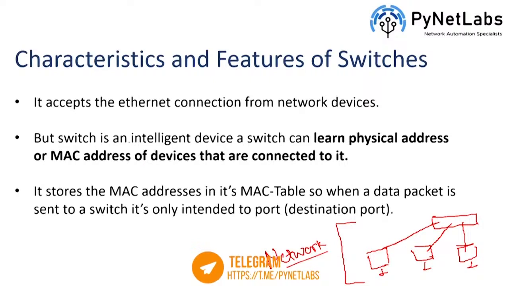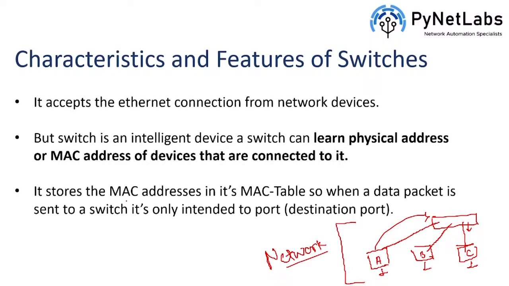Then it says a switch is an intelligent device, as it can learn the physical address or the MAC address of devices that are connected to it. So when we connect devices with a switch, it basically learns about the MAC addresses of the connected devices, so that in case, let's say, A transmits some packet which is supposed to be delivered to C, A will send it to the switch, the switch will look for the destination MAC address in the packet, and then, depending upon that, the switch will forward the packet on this port, as it will see that, okay, I have this user connected on port number 3, so I should give it to that port.